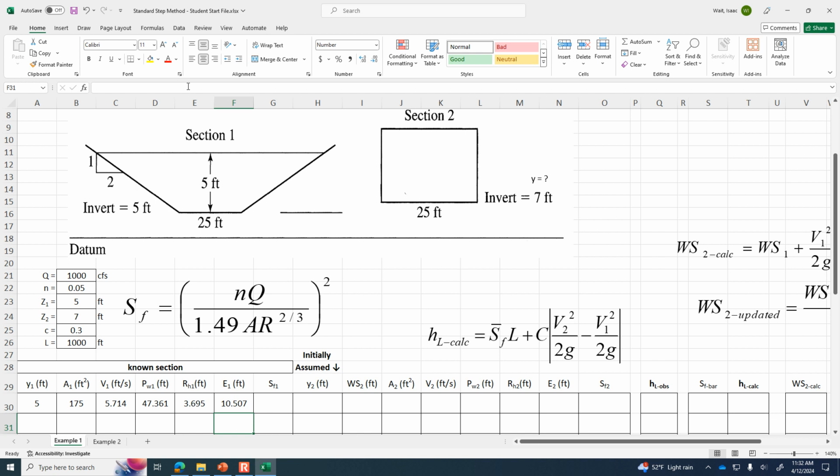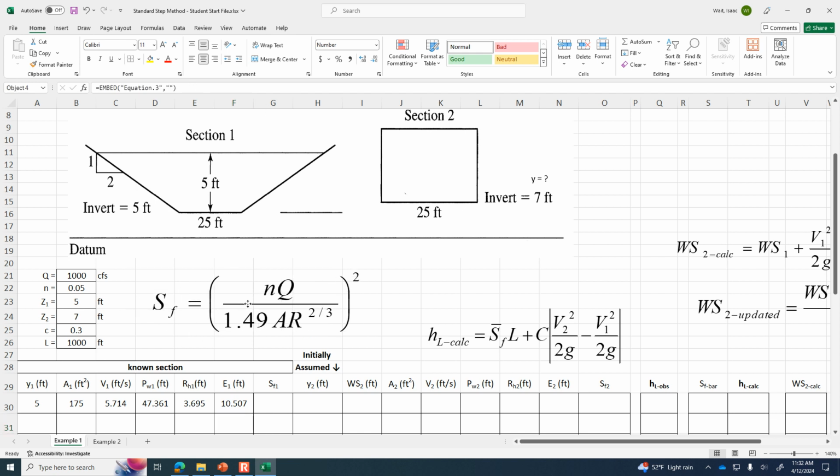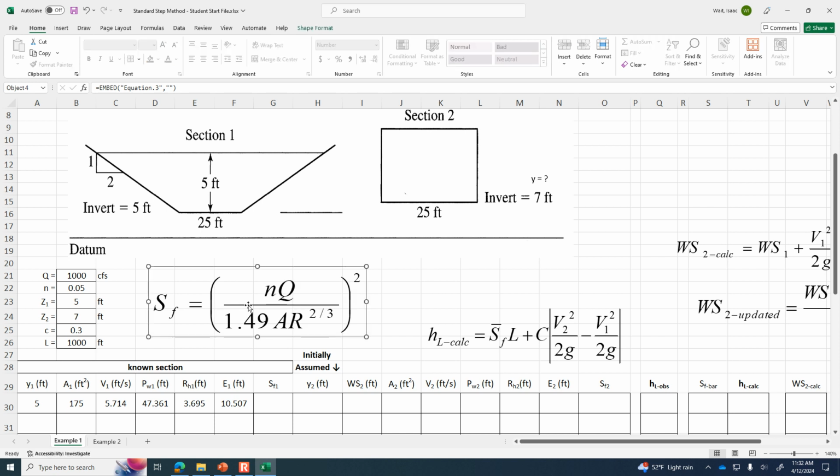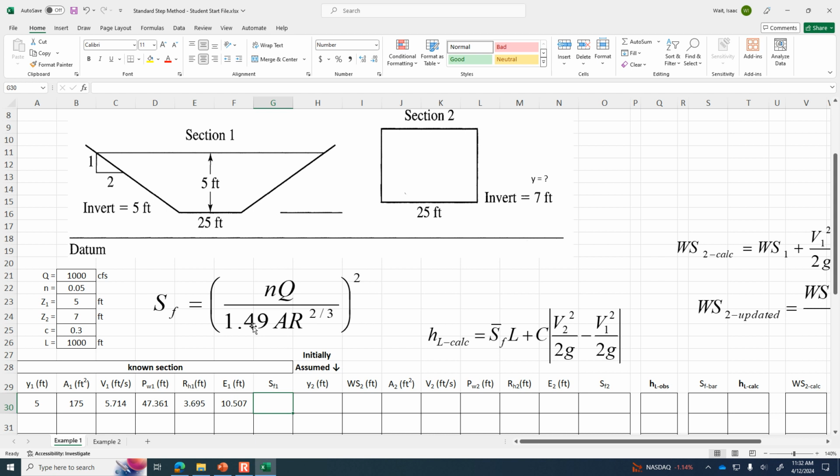Okay, good. Now, based on all this, the slope of the energy grade line at the known section, we've rearranged Manning's equation. We're going to solve for that at location 1. So you can see I've got the 1.49. That's because we're in traditional units. So we have that prefix associated with Manning's equation.